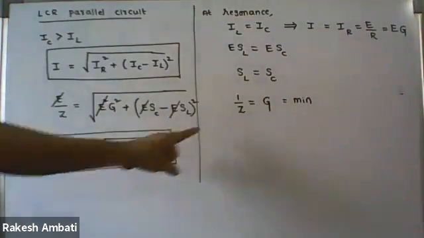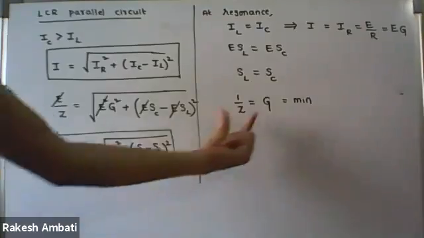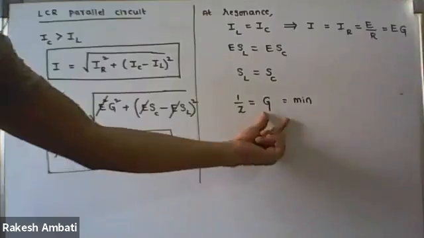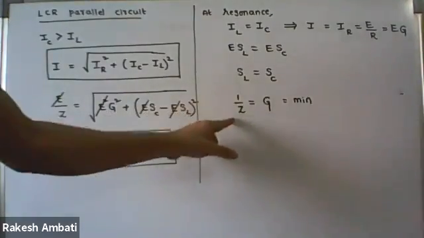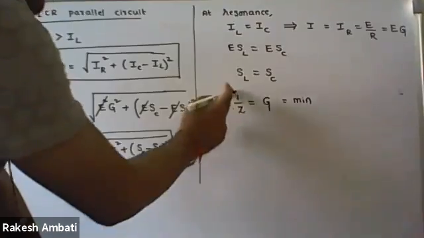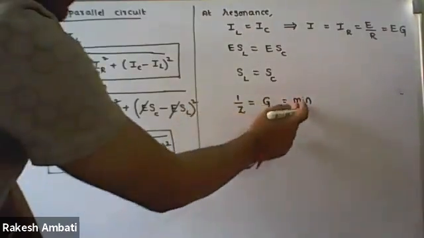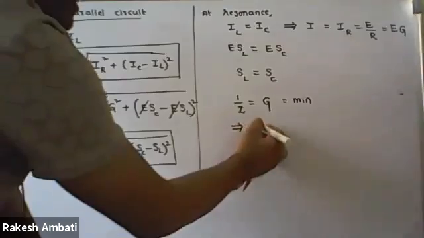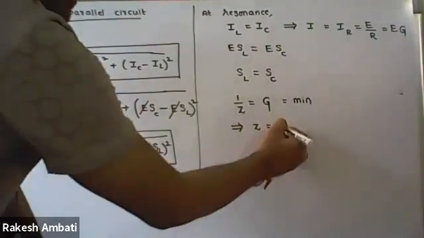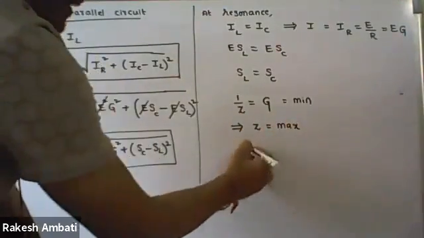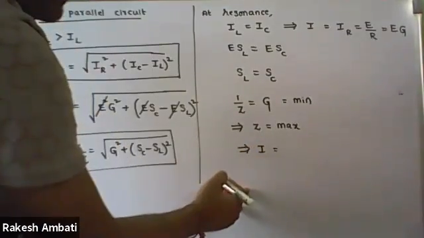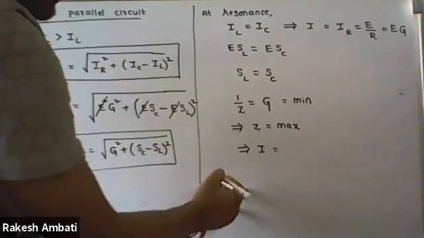Why? Because from here to here, this positive value is missing. So this 1 by Z value is minimum. If 1 by Z is minimum, that means the Z value is maximum. If the Z value is maximum, then the resultant current is minimum.